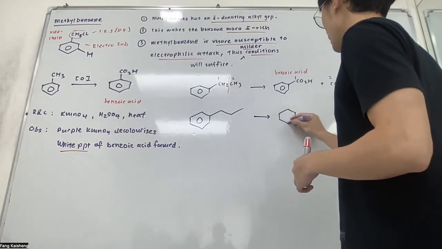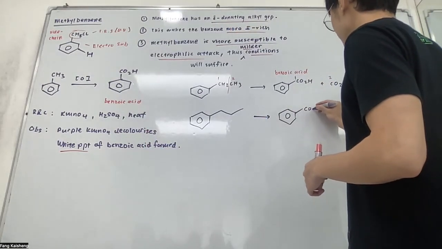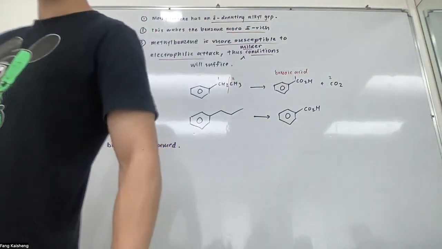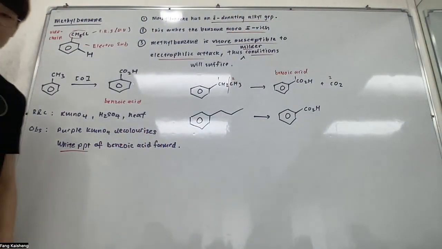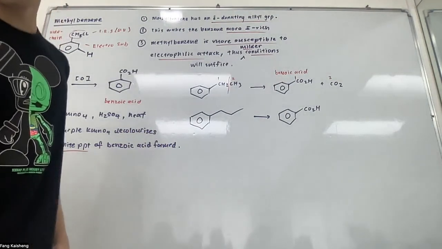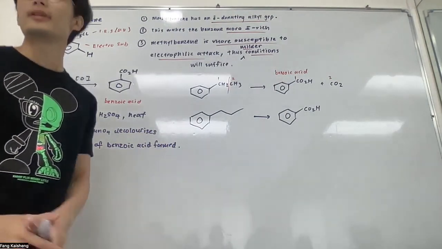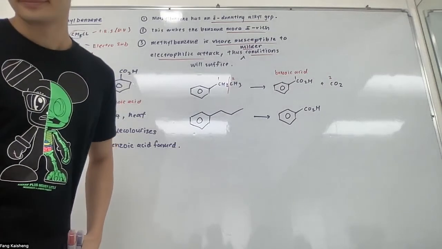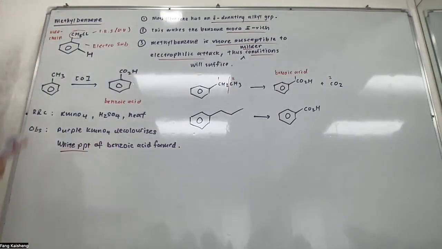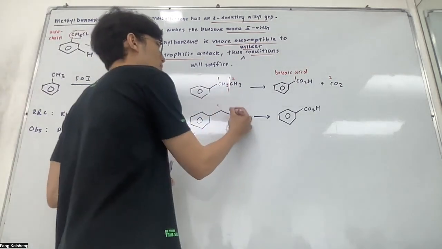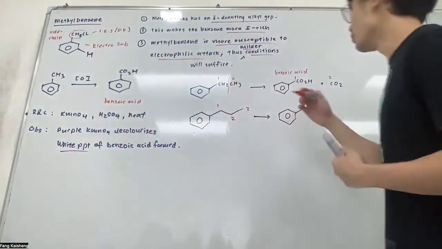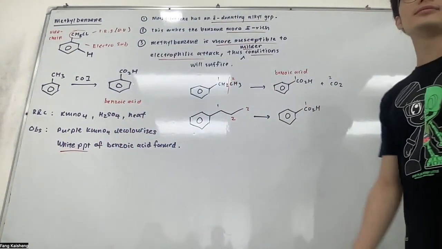Go and number the carbons. Remember, our carbon 1 must be attached directly to benzene. So 1, 2, 3, correct? Carbon 1 is always benzoic acid.